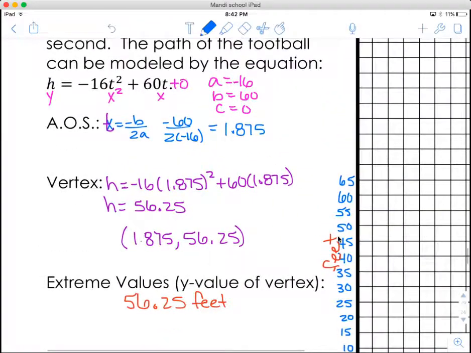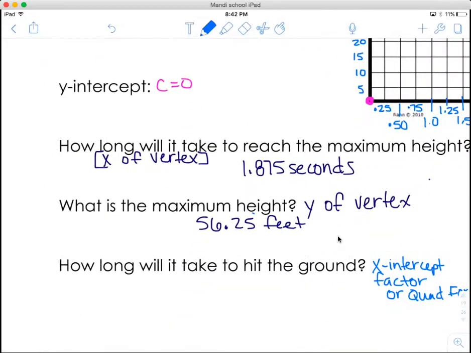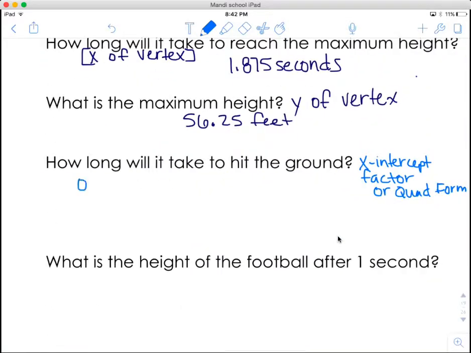We had h equals negative 16t squared plus 60t. So we have 0 equals negative 16t squared plus 60t. This is GCF. So we can take out of both of these. We know that we can definitely take a t.